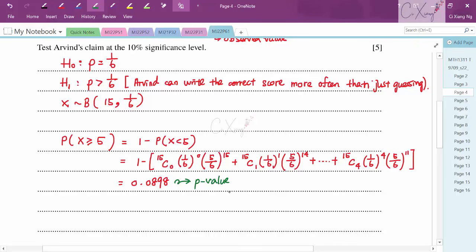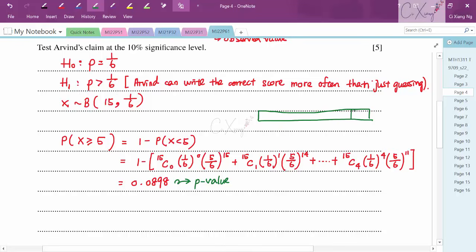So when we want to make a conclusion, we have to compare the p-value with the significance level. Here is a very simple diagram to help us visualize our result. Let's say we are having a binomial distribution, and I assume that this is the probability bar. For this case, we are having a one tail test on the right.